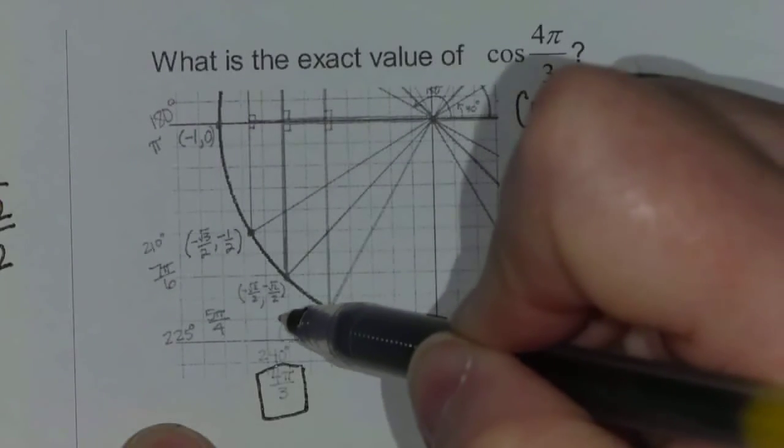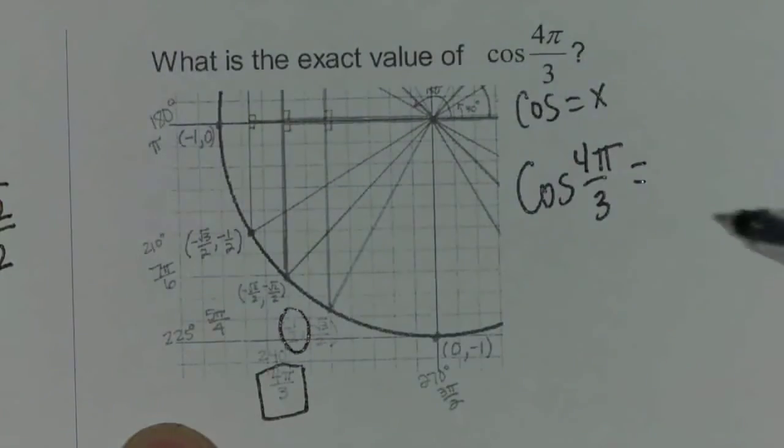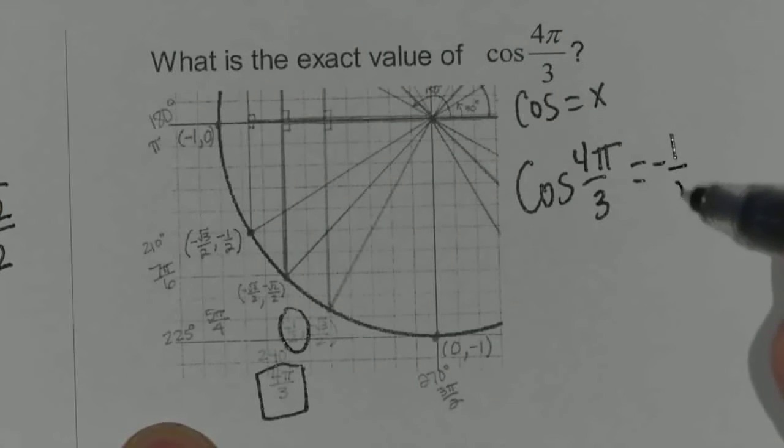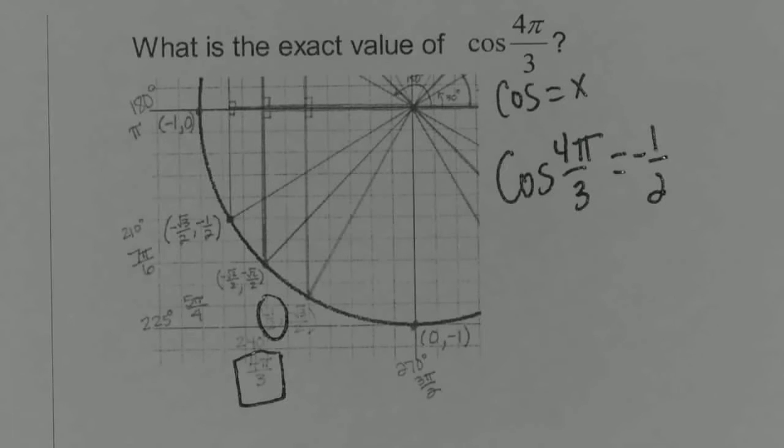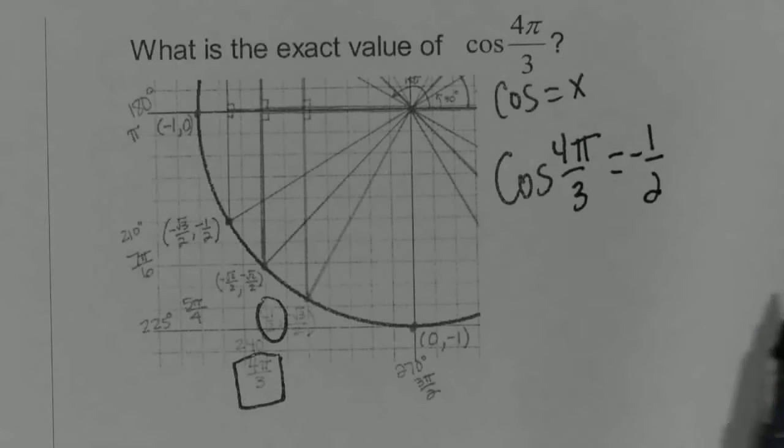So read that x value right there, and what do you get for your cosine? A negative 1/2. So really today's math is learning how to read a chart that's made from all of the angles in a circle with a radius of 1.